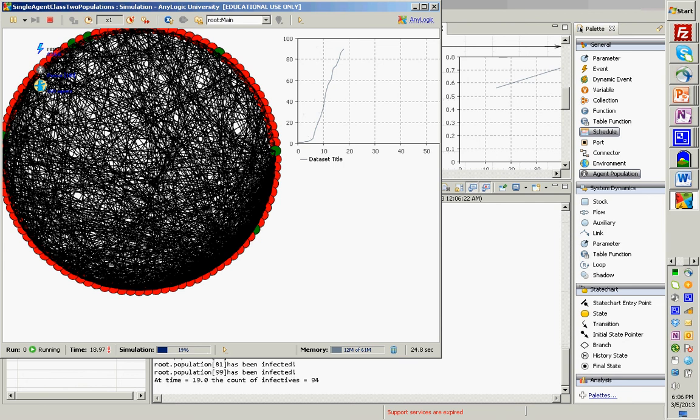So here we essentially have almost complete infection spread very early on. And it's because some of these people have disproportionate numbers of connections. I'm going to decrease the coefficient here.